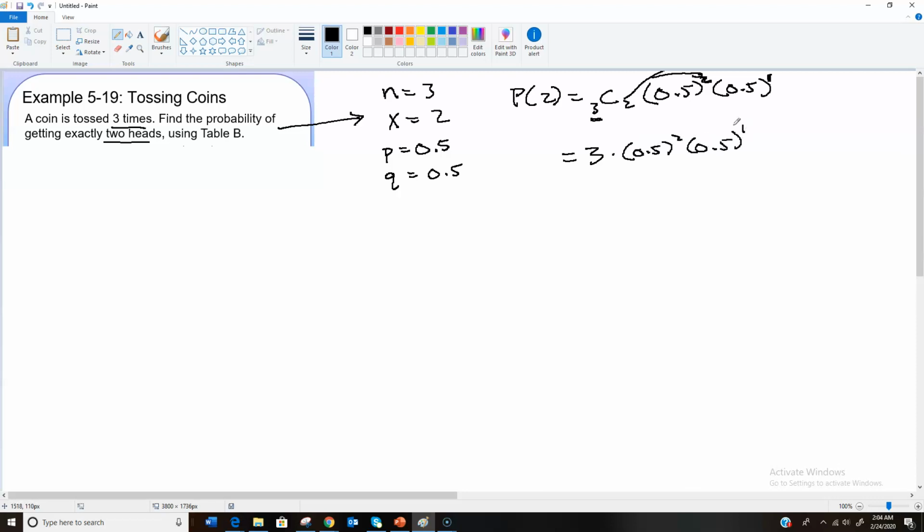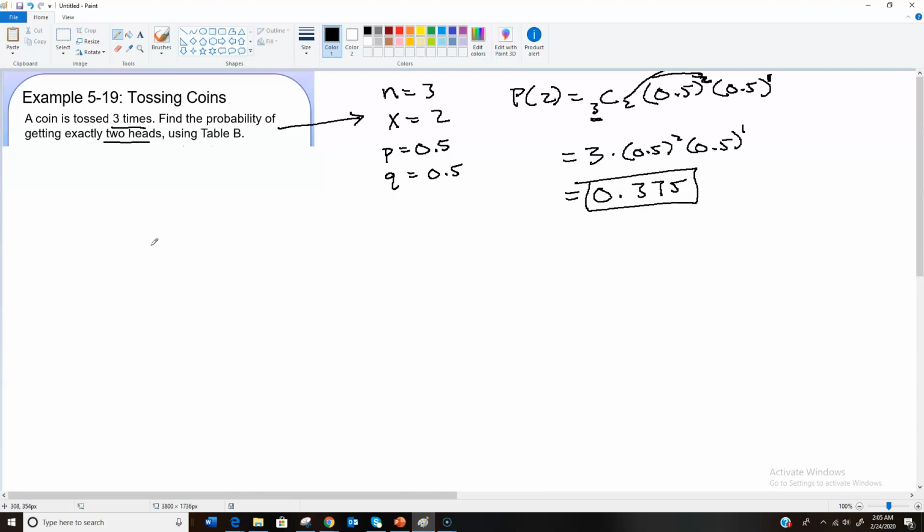So 3 times 0.5 squared times 0.5 to the first, you get an answer of 0.375. So 37.5% of the time, you should get exactly 2 heads and 1 tail. In the long run, or the expected value, the expected number of times is 37.5% of the time you'd get 2 heads and a tail.